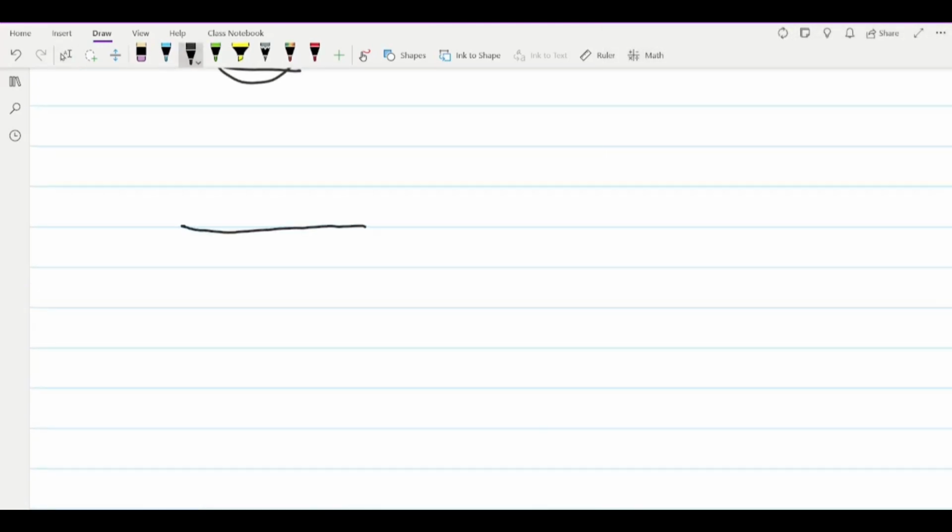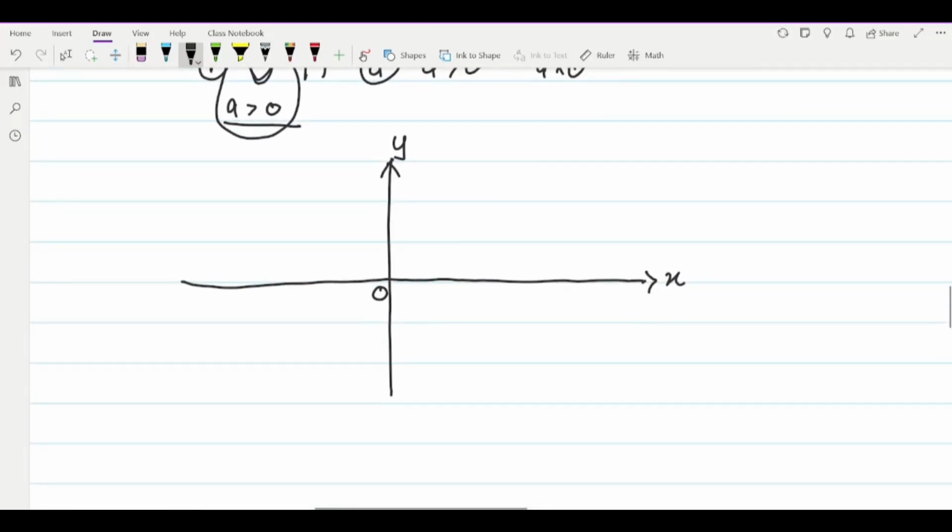Okay, like this. Y, x must have 0, and we try to get the 1 and negative 6 and the curve maybe like this, and here is negative 6.